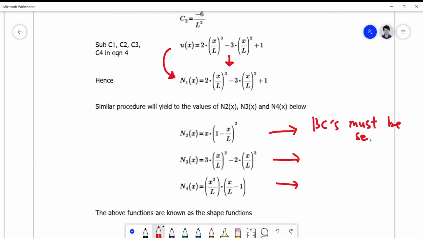So you simply look into the curve defined above. So the above functions are known as approximation functions or shape functions, because they approximate the shape of your actual solution u of x.